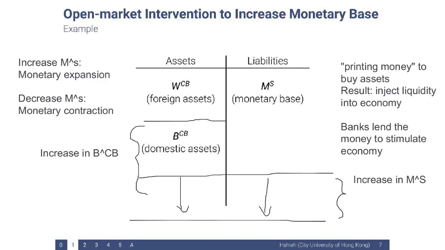So an increase in BCB, and also an increase in MS. So this is the so-called printing money, but again, it's not really printing money because you're swapping one sort of debt for another debt. Printing money to buy assets.